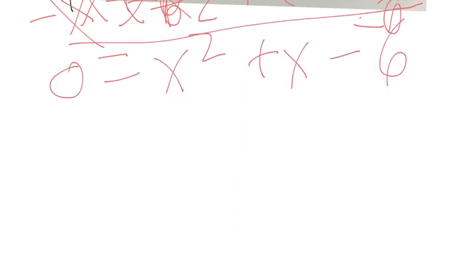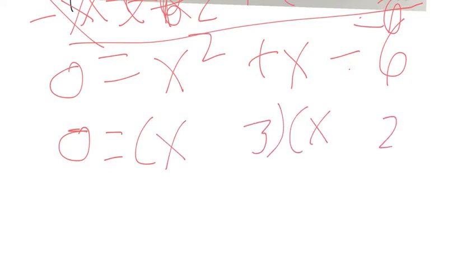Now since the second sign is minus, we want the factors of 6 that subtract to give you 1. And those two factors would be 3 and 2. Since the second sign is minus, that means they're different signs. One of these factors will be addition, one will be subtraction. To figure out which one is which, we go to the first sign.